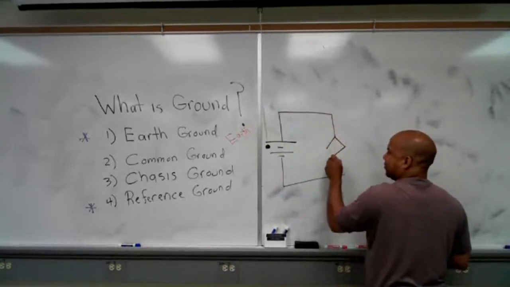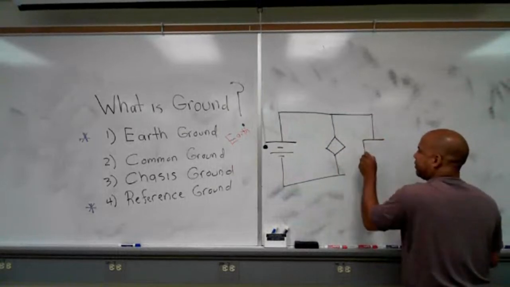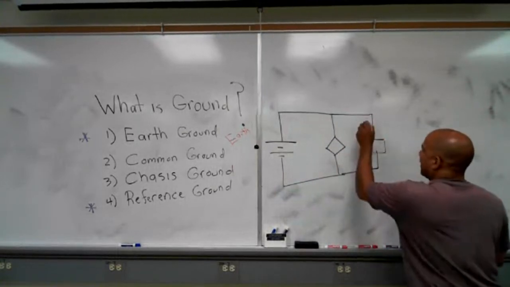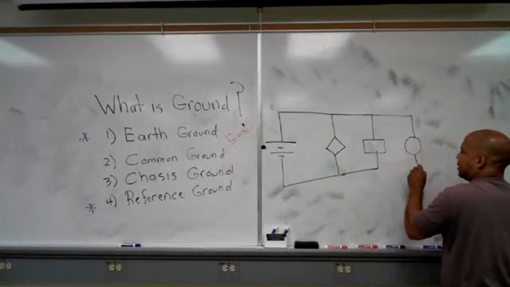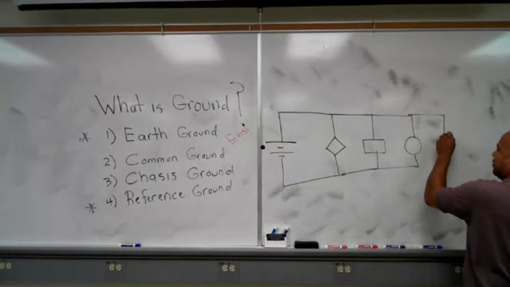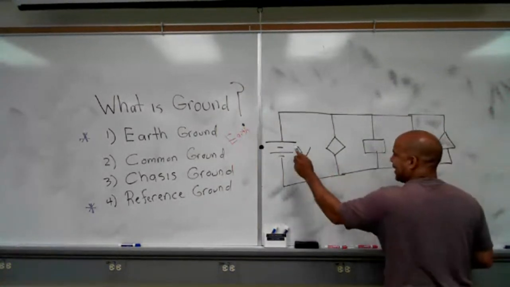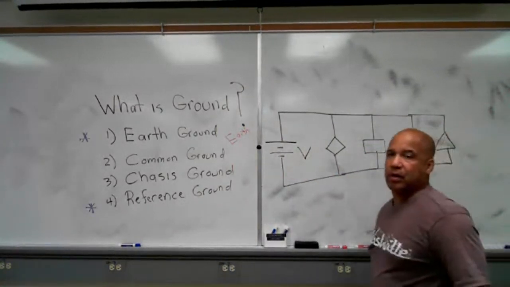So this is maybe some kind of machine, and this is some kind of machine, and this is some kind of machine, and this is some kind of machine. So I got this voltage, and I got all these machines tied to it.